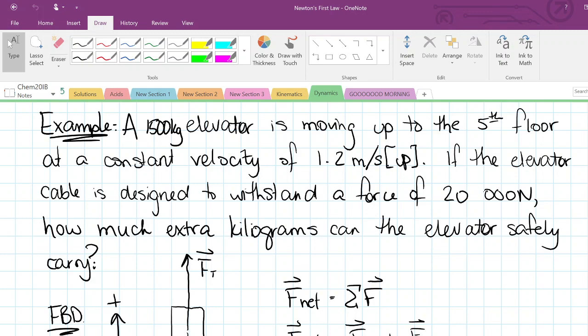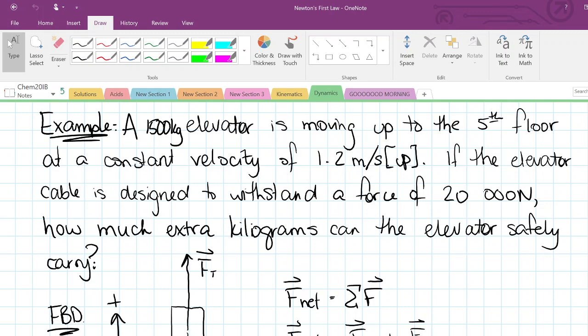And they're telling me that the velocity is 1.2 meters per second up. And if the elevator cable is designed to withstand a force of 20,000 newtons, how much extra kilograms can the elevator safely carry?